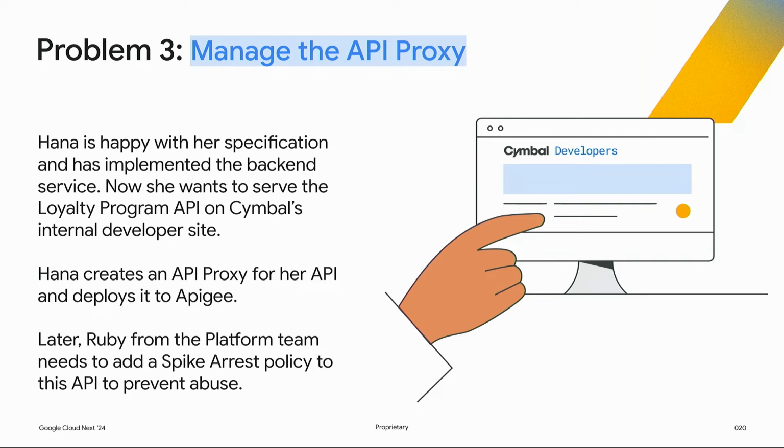She's going to deploy this to Apigee as an API proxy. Then after that, someone completely different on the team, in this case Ruby, whose journey Sujin will talk through in a minute, is going to add policies and help govern the API without involving HANA at all.